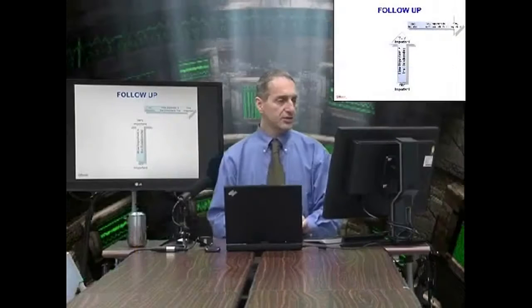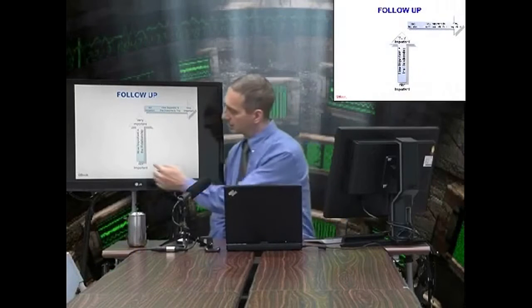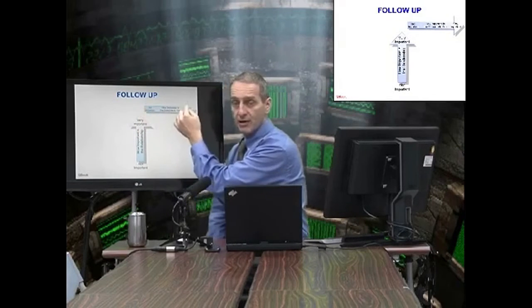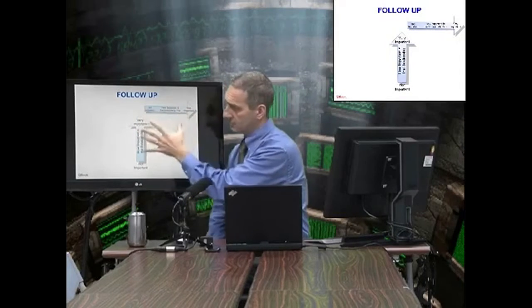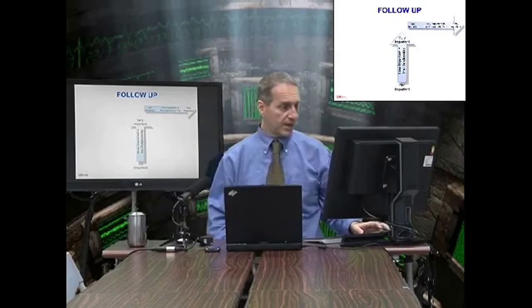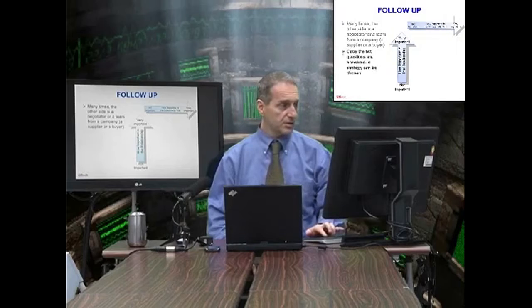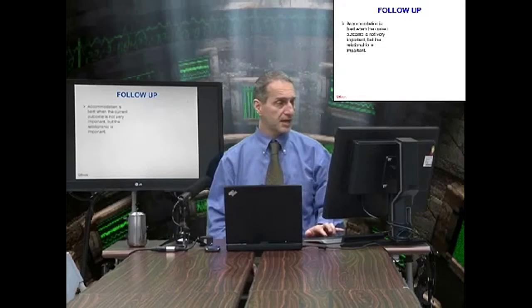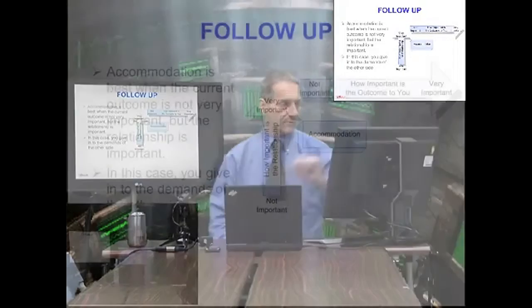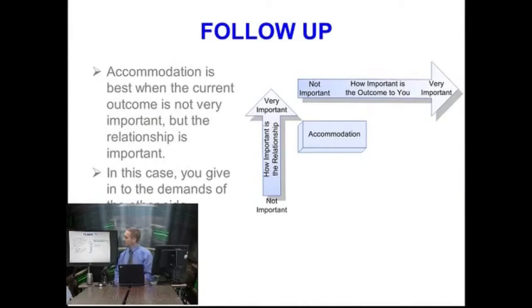If we look at these 2 axes, we can see how important is the relationship to you? How important is the outcome to you? High, low on both. So now then, let's just go ahead and make quadrants inside of there. Let me show you the first quadrant. Accommodation. Accommodation is a strategy for negotiation.